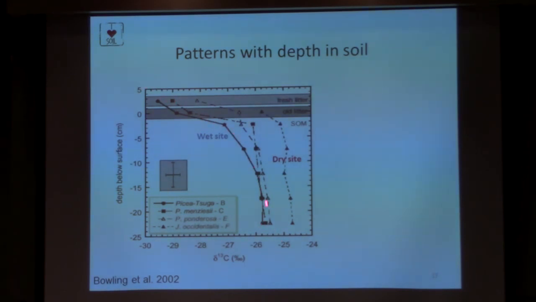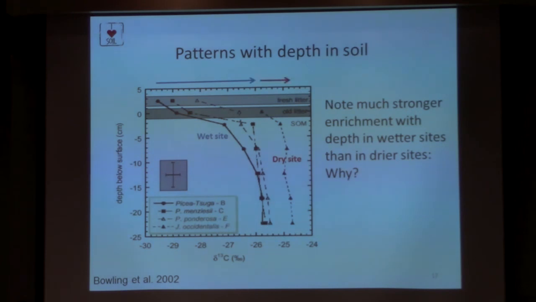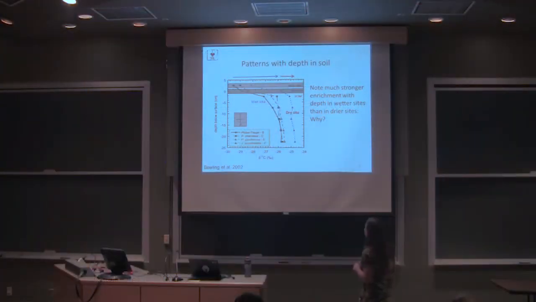But we see this really strong increase in the delta C13 value with increasing depth, right? But the enrichment is stronger in the wet site than in the drier site. You guys believe me? It looks like it's maybe double in the wetter site than in the drier site, at least. What's going on?